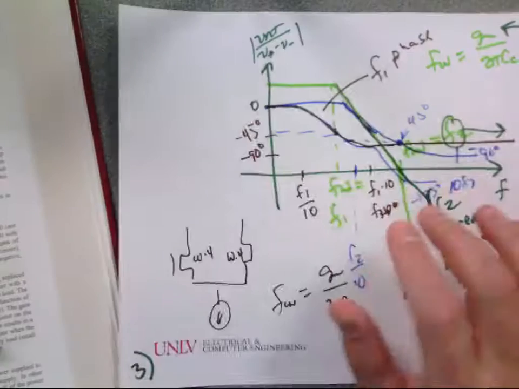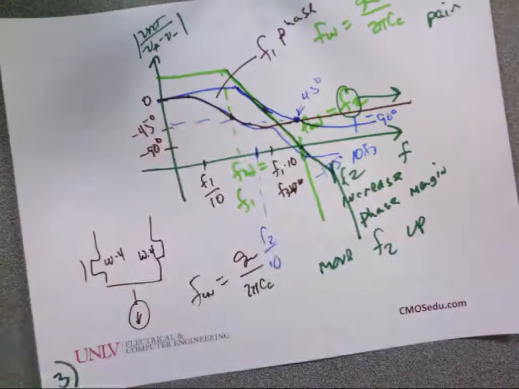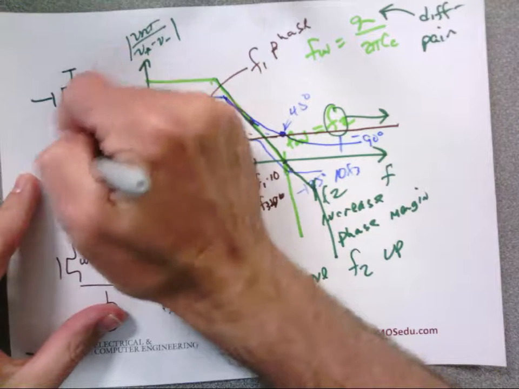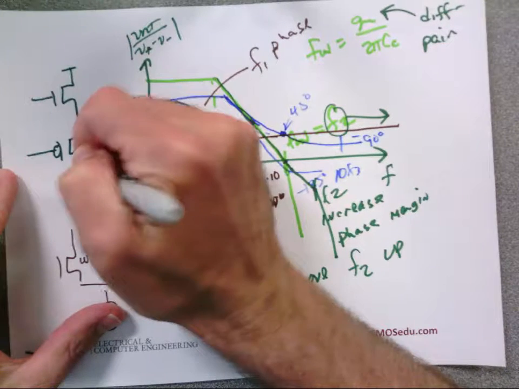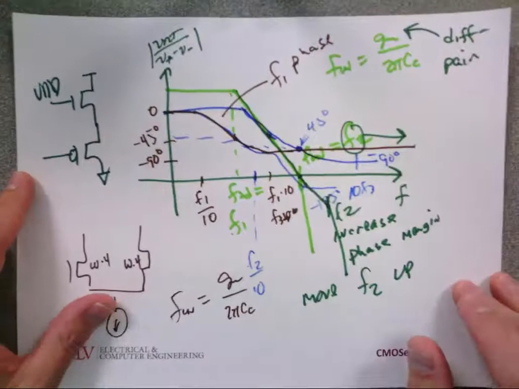So everybody understands that the topology we just looked at is limited because the output has this structure. This goes all the way to VDD, which we know it can't for everything to stay in saturation.